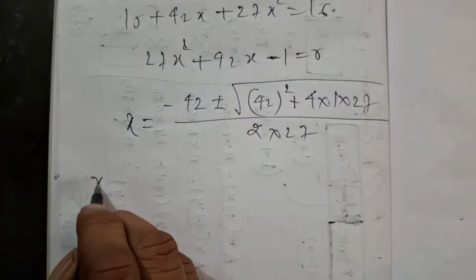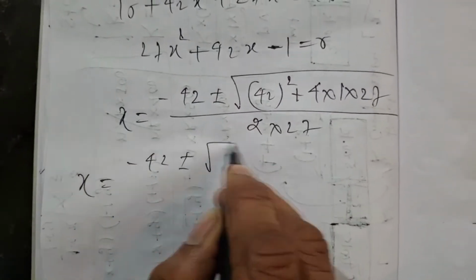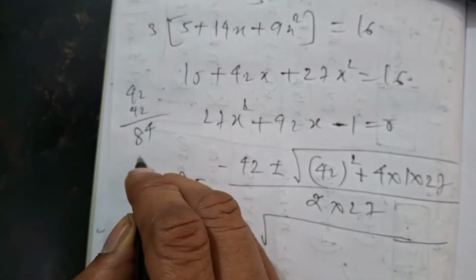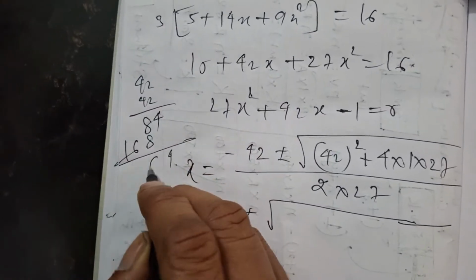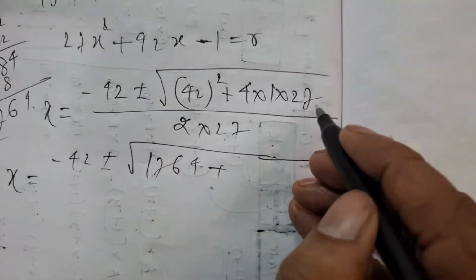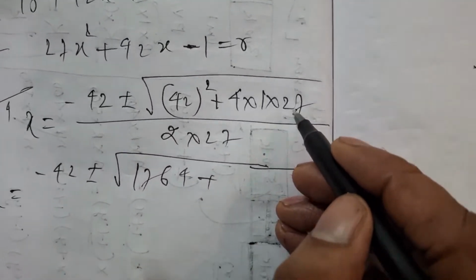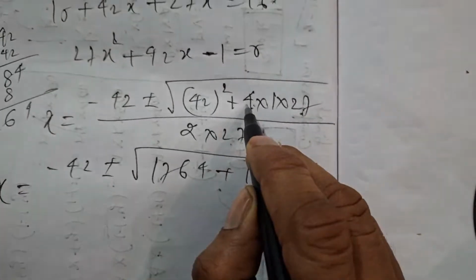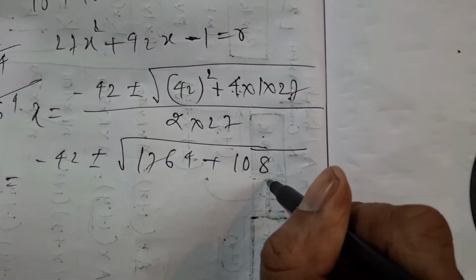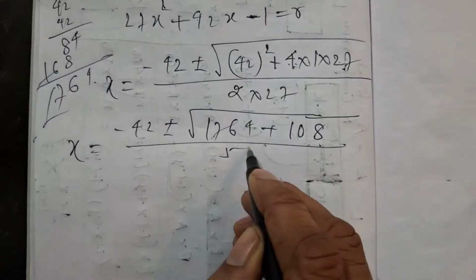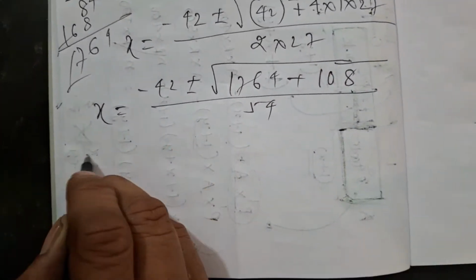If you solve, you will get minus 42 plus minus root of 42 square, which is 1764, plus 108, and 2 into 27 is 54. Distance cannot be negative, so take only the positive sign.